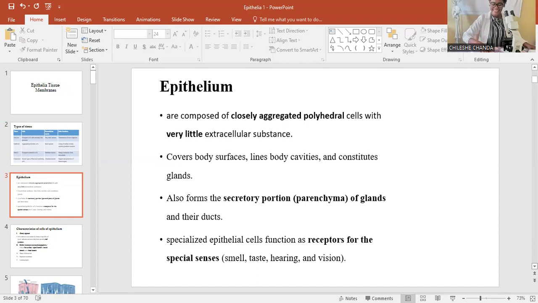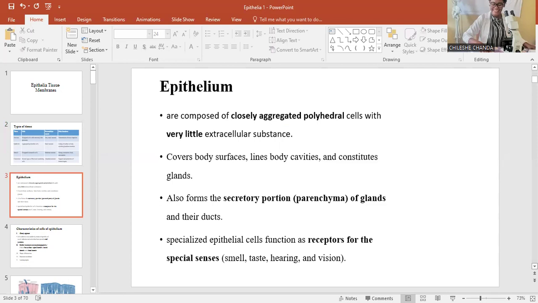So, for example, if you're talking about the kidneys, or maybe let's say the liver, in the liver you have cells known as hepatocytes, which are the ones that actually carry out the functions of the liver. They're the ones that carry out detoxification. They are the ones that carry out the formation of bile, okay?